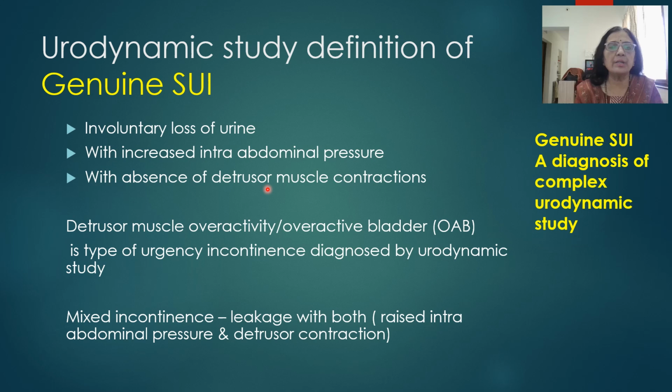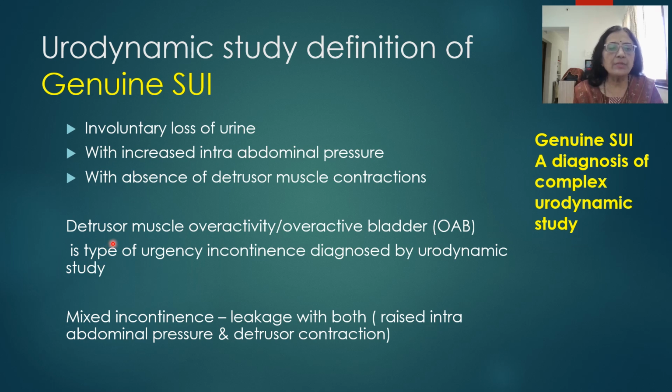This can only be ascertained, whether detrusor muscles are contracting or remaining relaxed at the time of incontinence, with the help of urodynamic study, and that is why genuine stress urinary incontinence is a diagnosis of complex urodynamic study. Clinically, we can't diagnose a case as genuine stress urinary incontinence. In short, here we are confirming that there is no detrusor activity or overactive bladder or urgency incontinence, and that is why it is called genuine stress urinary incontinence, which can only be diagnosed by doing urodynamic studies.